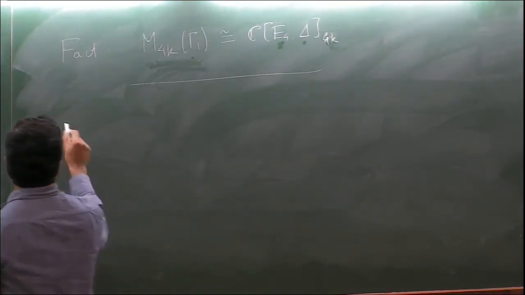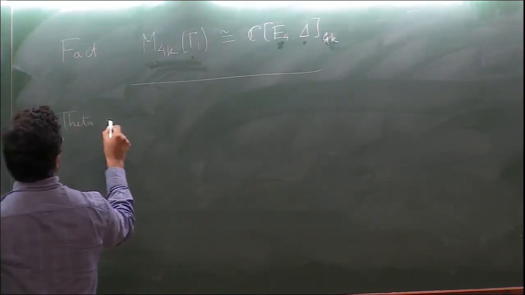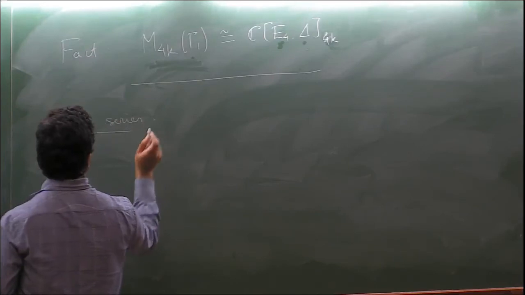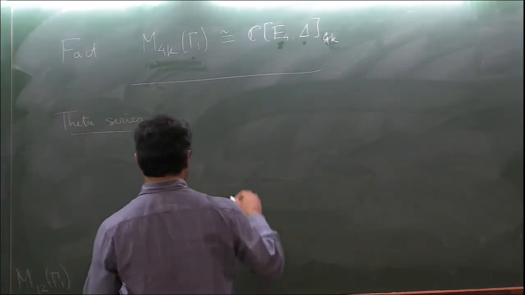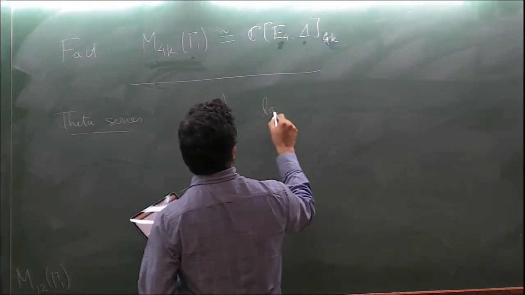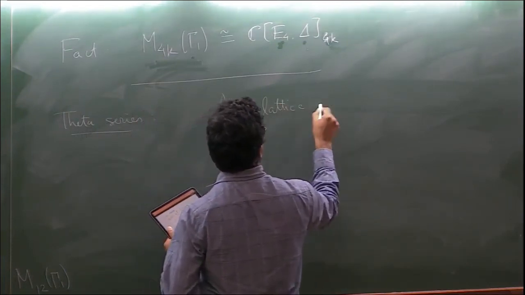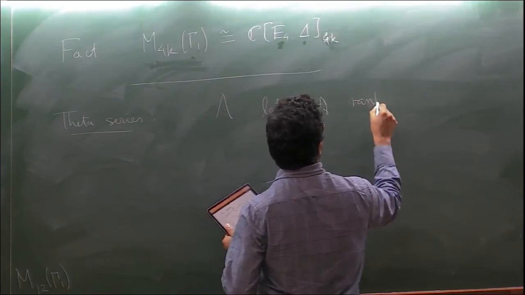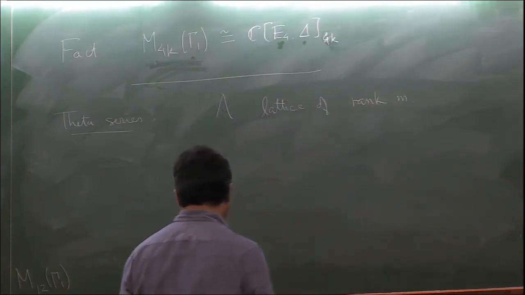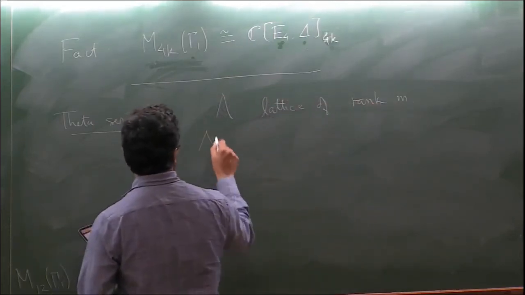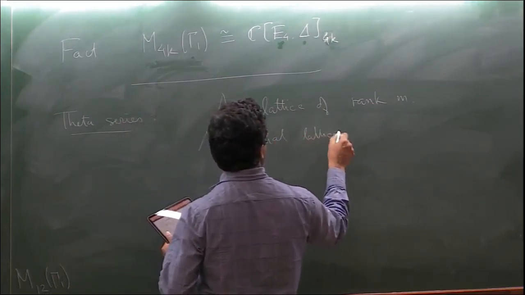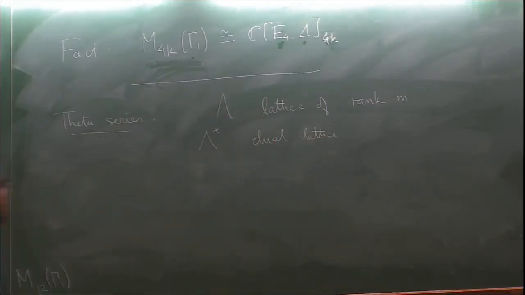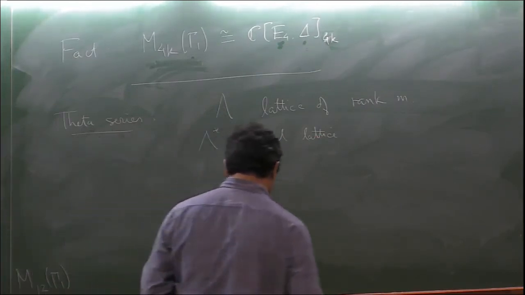Okay. So theta series. Very, very briefly, lambda is a lattice of rank m, and we recall all the definitions. Lambda star is the dual lattice, right? So all those elements of R^n which pair with lambda to give you an integral element.